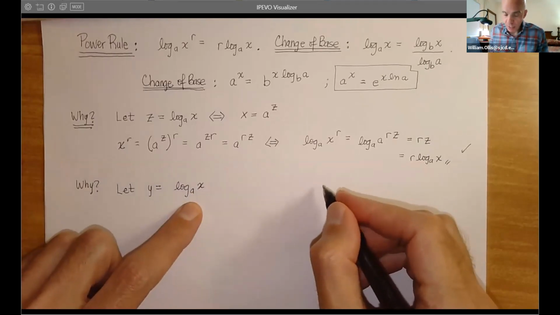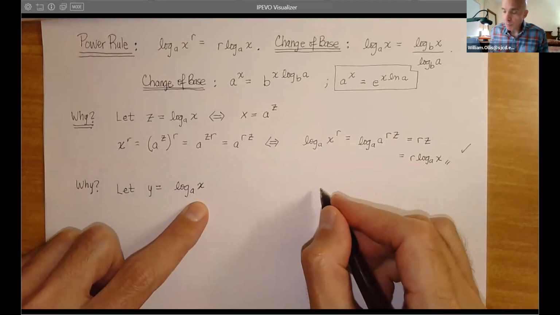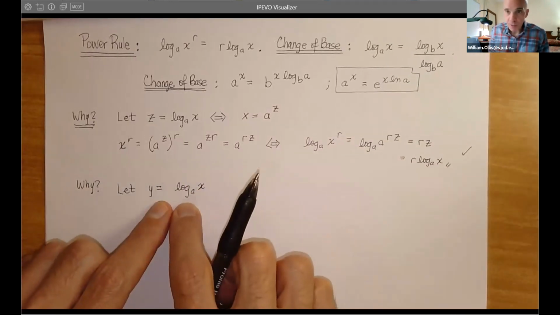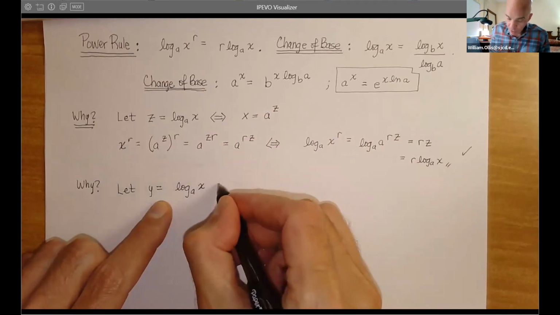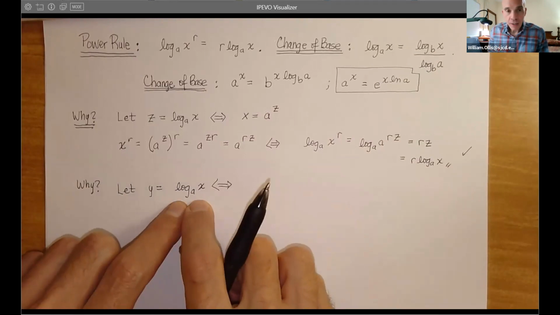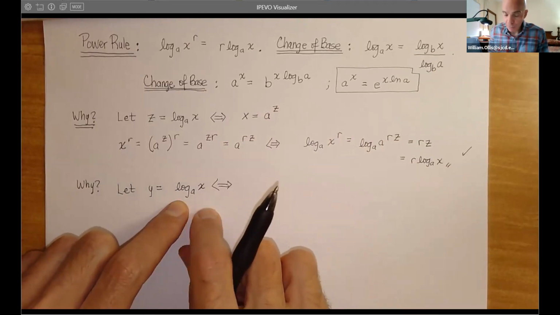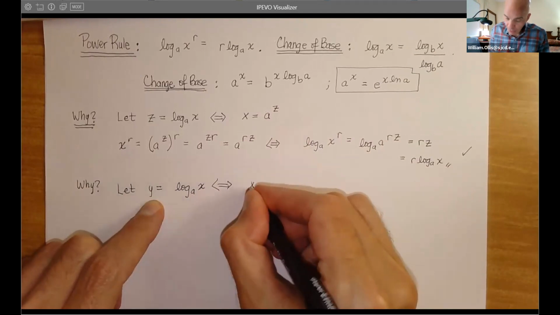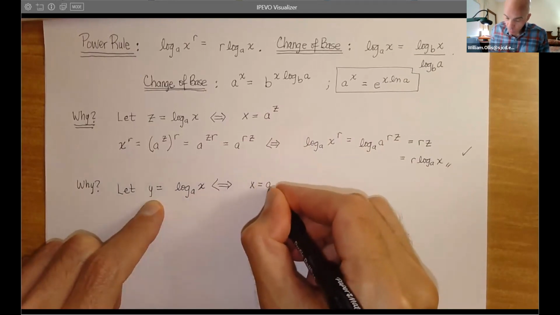And what we're interested in doing is changing to base B. But again, just based upon the definition of the logarithm, what does this mean? A logarithm is a power of the base. So the power of A that equals x is y. So x equals A to the y.